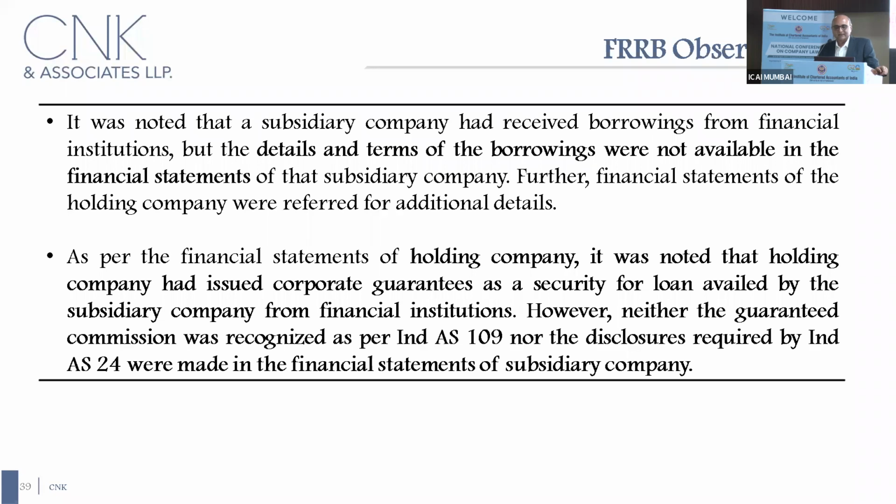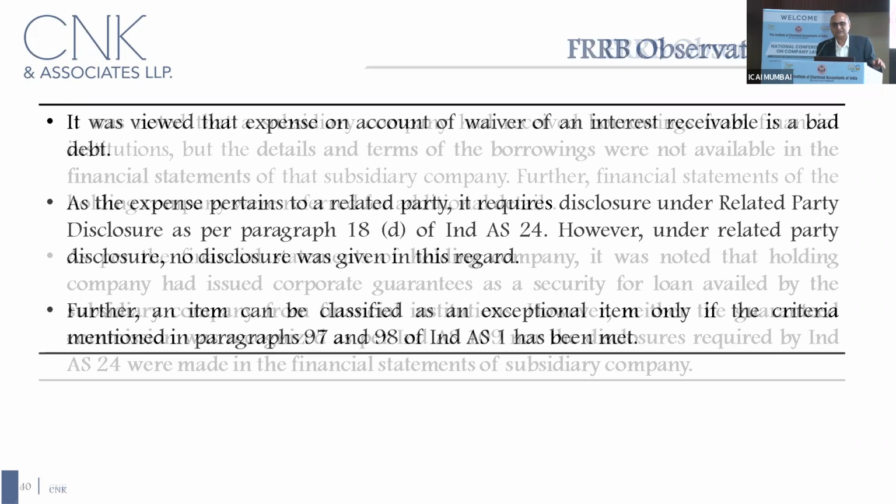However, neither was the guarantee commission recognized as per 109, which is a different matter, but the disclosures under IND AS 24 were not made in the financial statements of the subsidiary company. There was no transaction, only a guarantee given by the holding to the subsidiary. But in the subsidiary, it still becomes a related party transaction, because I have taken a guarantee from a holding company, though I have not made any payment for it as such. And FRRB observed this in some of their observations.